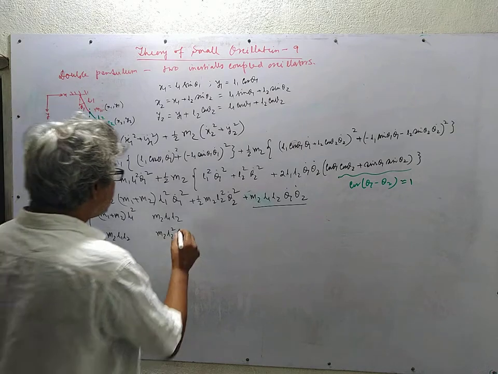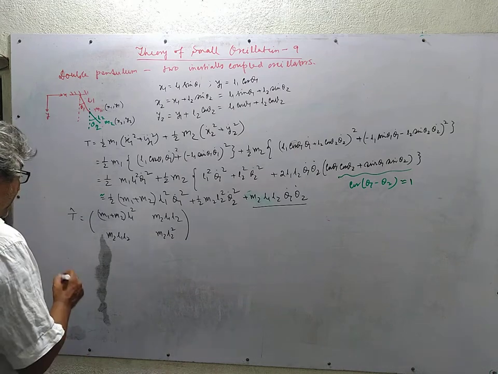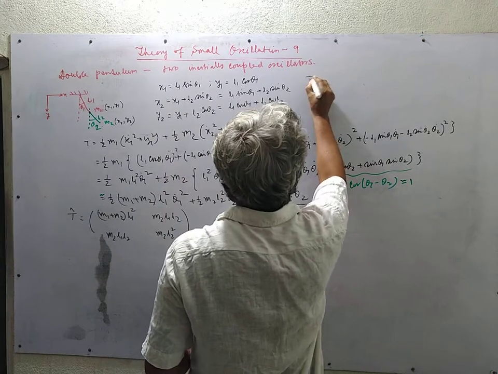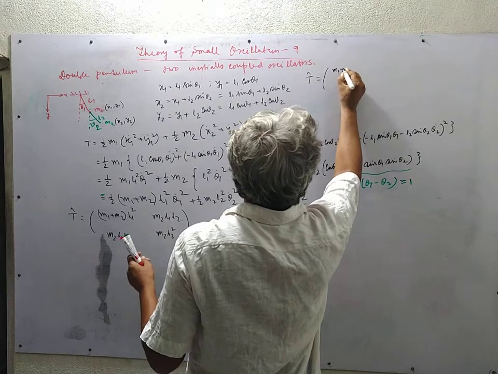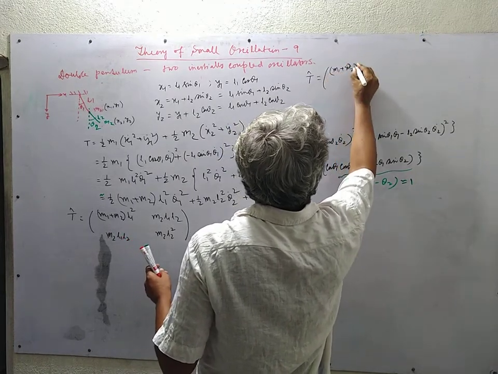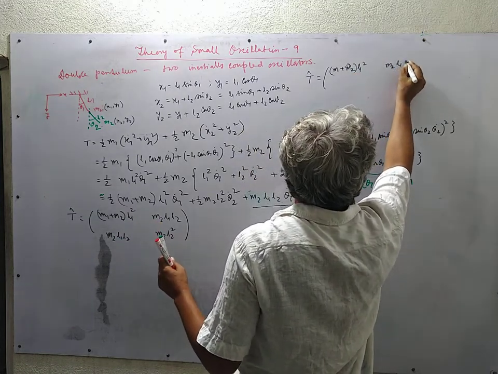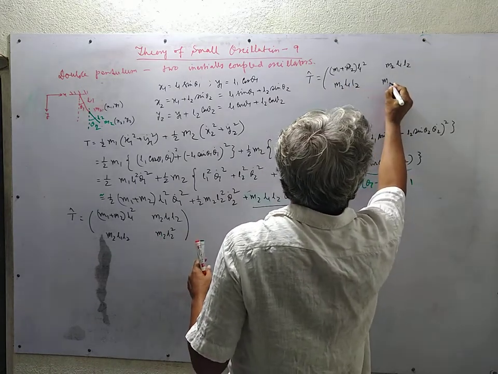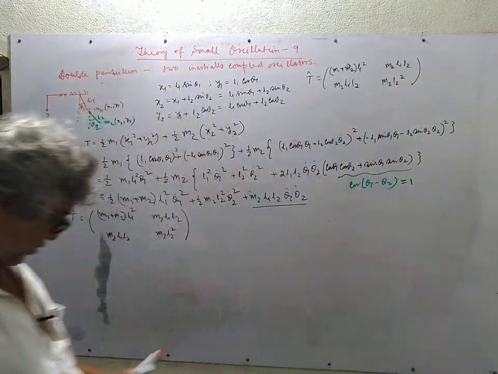So let me write the T matrix for the system: (m1 plus m2) L1 square, m2 L1 L2, m2 L1 L2, m2 L2 square.